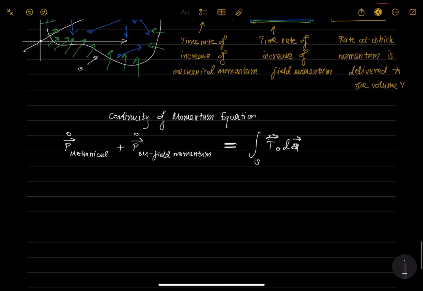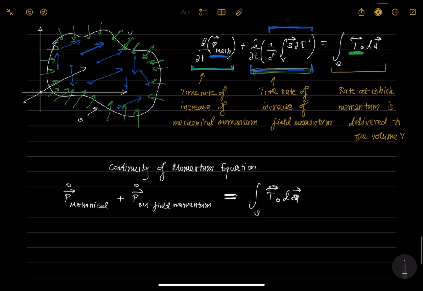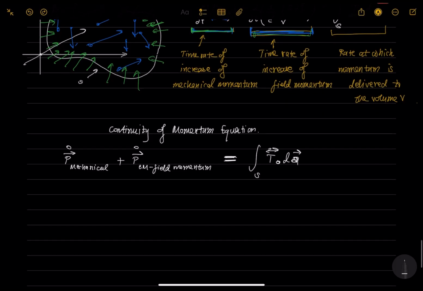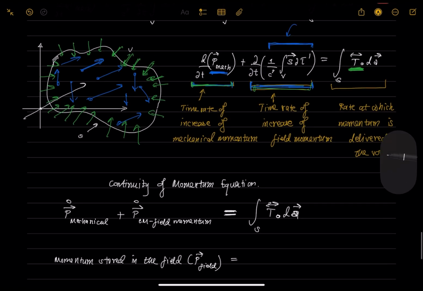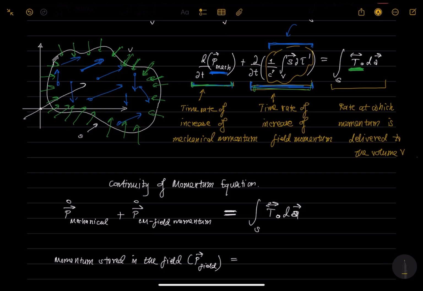So one final thing that I'm going to write is that the momentum stored in the field, P of the field, is going to be given by this particular thing, obviously, with that interpretation.